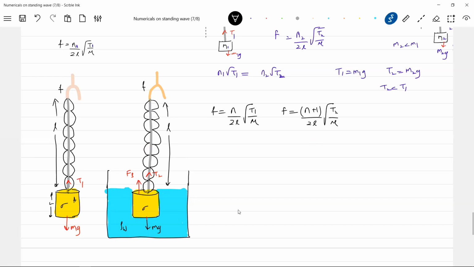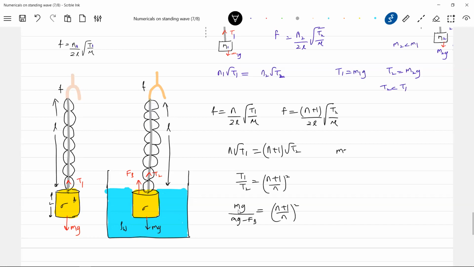So therefore we'll equate here, no? n root T1 is equal to n plus 1 root T2. So this will be T1 by T2 equals n plus 1 by n whole square. Now what is T1? mg. What is T2? mg minus buoyant force.